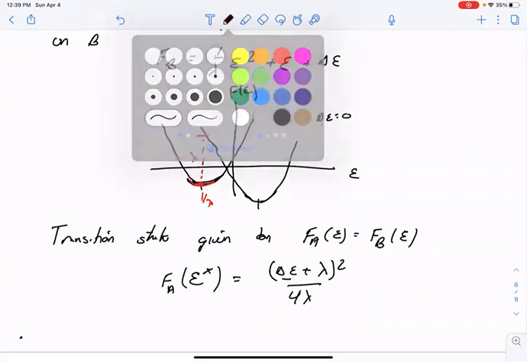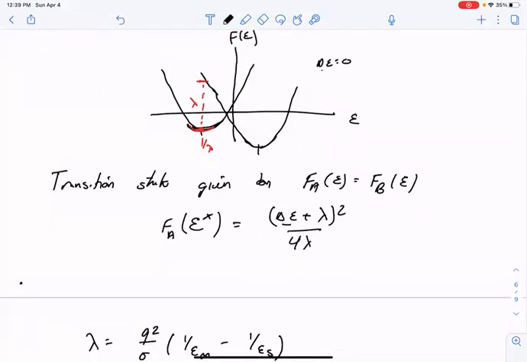When delta epsilon is equal to minus lambda, I'll have the smallest free energetic barrier.